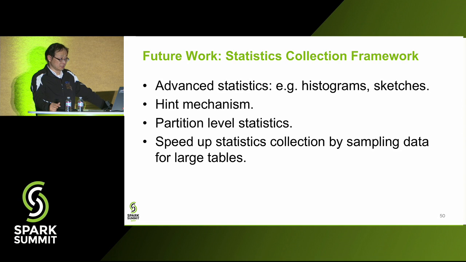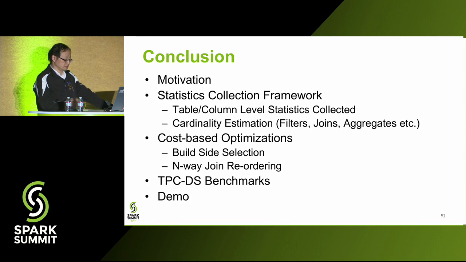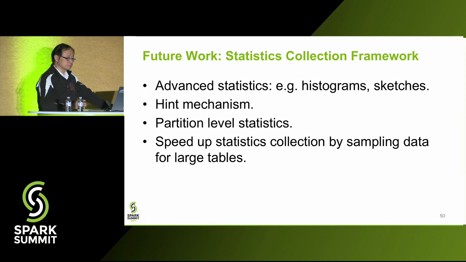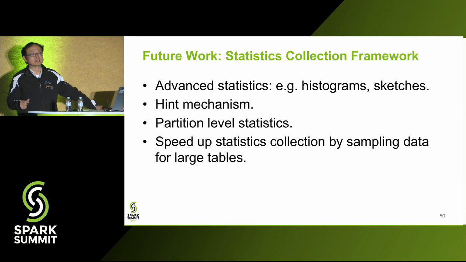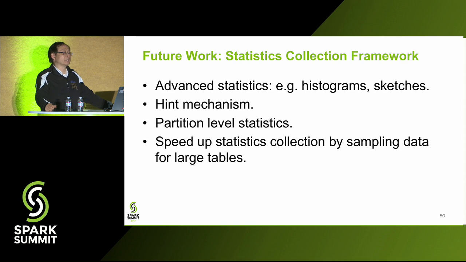Also, there's the count-min sketch algorithm, a new algorithm that is effective when you have a very large number of distinct values. Also, no matter how smart CBO is, there's always some place CBO cannot handle well, for example a UDF, user-defined function. So yes, there's a need for a hint mechanism.